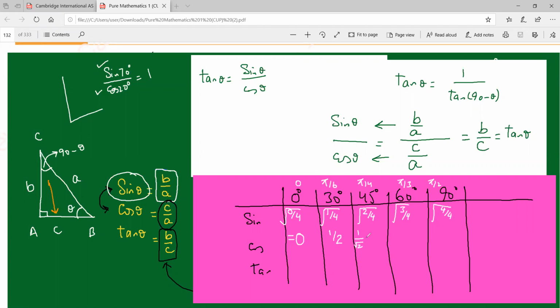Your calculator might give you under root 2 over 2, since 1 over under root 2 can also be written as under root 2 over 2. So you can check that sine 45 is 1 over under root 2. You can check from your calculators that this is under root 3 over 2. This is so amazing. And this is 1. Can you confirm this from the calculator?